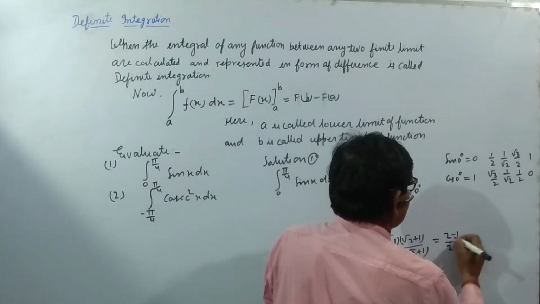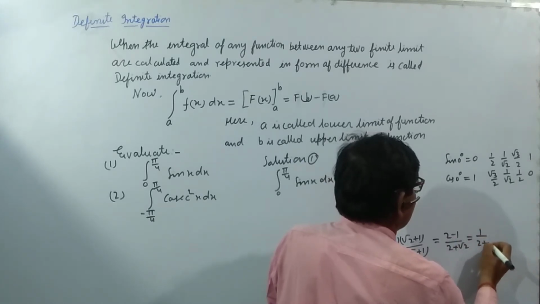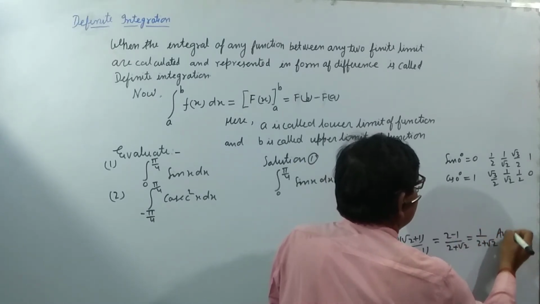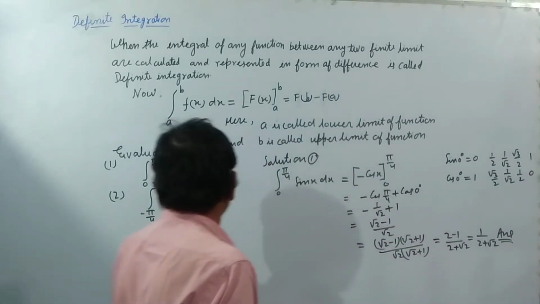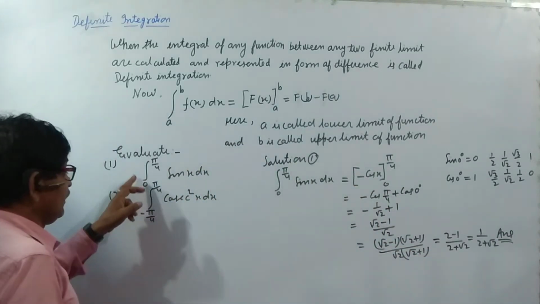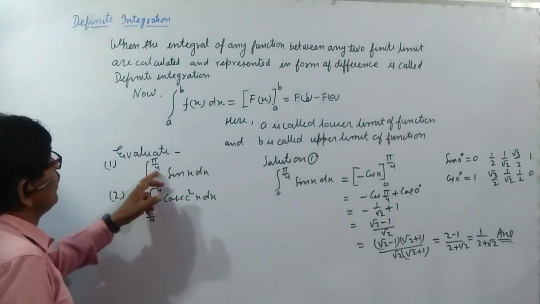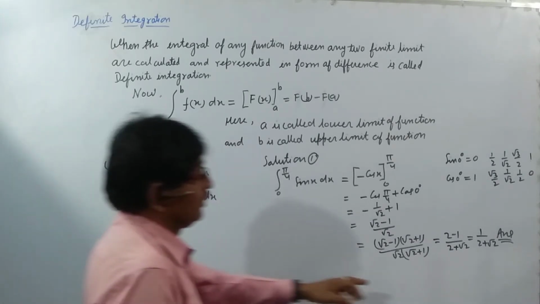So this equals 1 by (2 plus root 2). This is the answer of the integration of 0 to pi by 4 sin x dx.